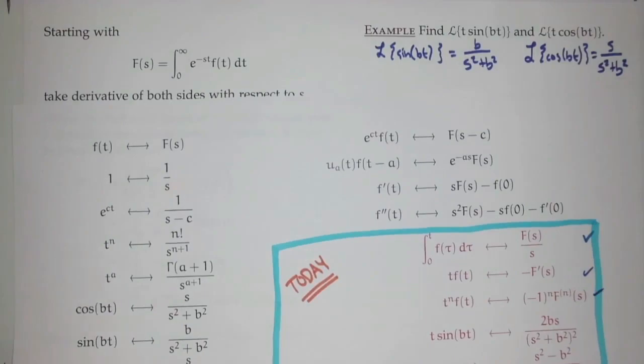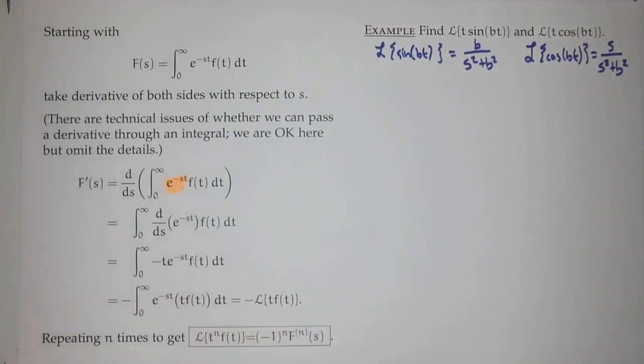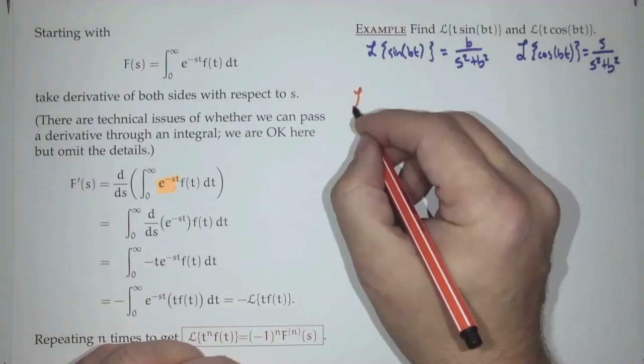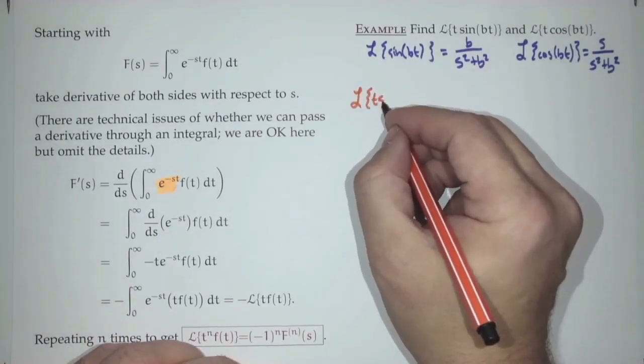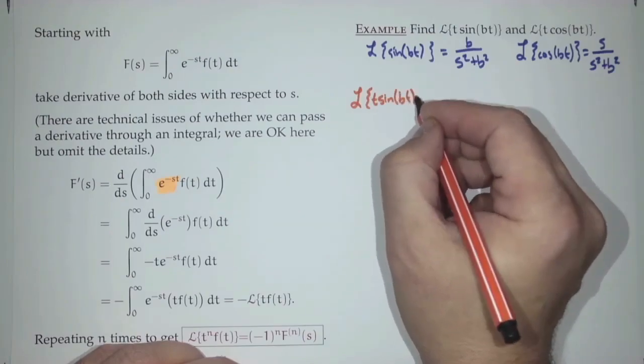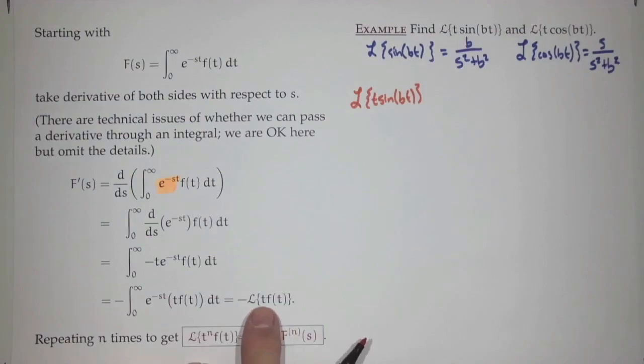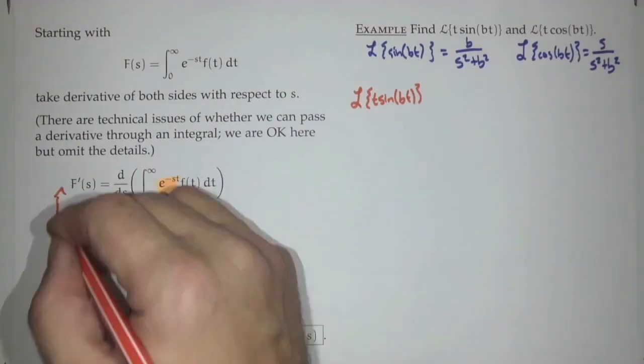All right. So we have to do both. Let's start with sine. We saw the sine, and hopefully it'll open up our eyes. All right, so t sine of bt. Following the rule, I want to take the Laplace transform of t times f of t. It's the minus, so this minus will ultimately come over to here.